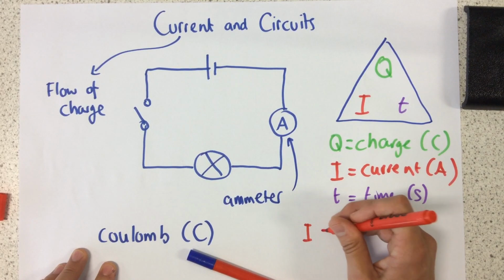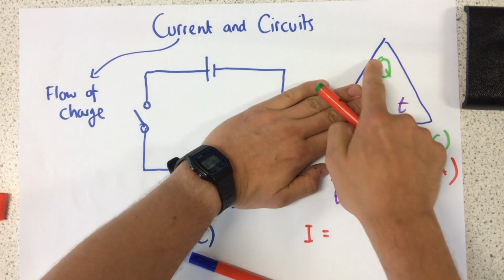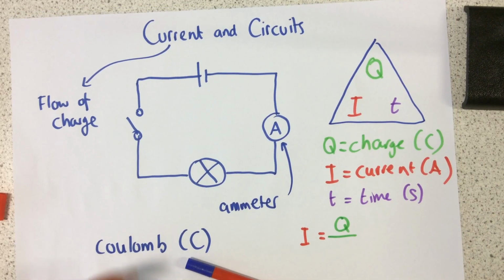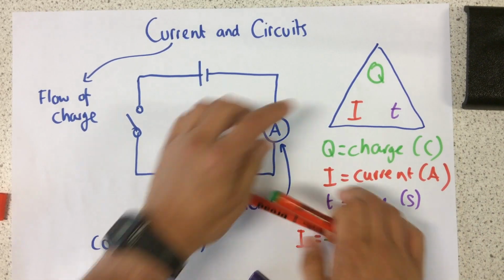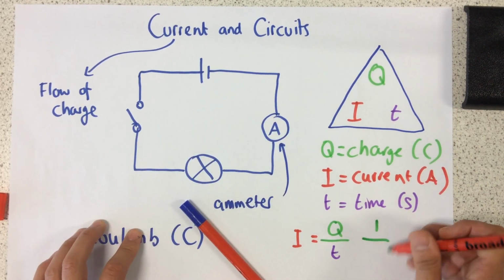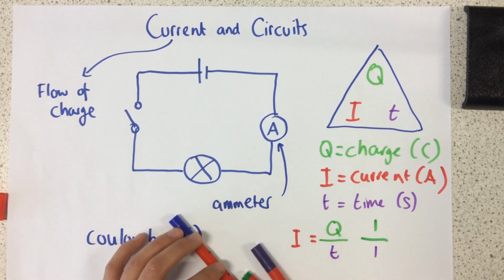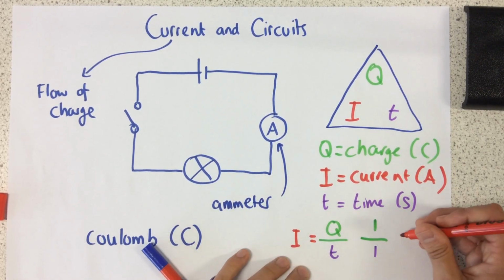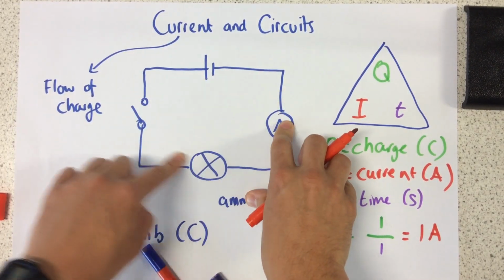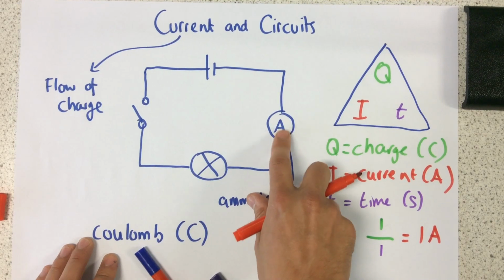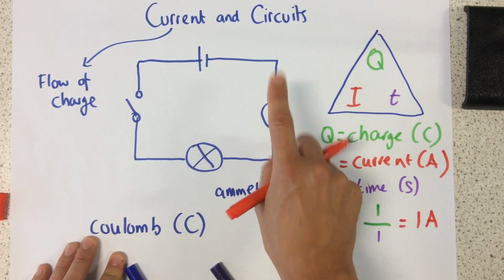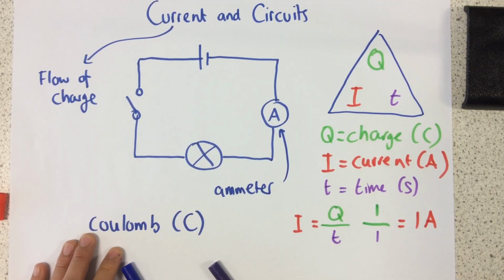So my current is going to equal, to find this out, I do Q divided by T. So in this case, 1 coulomb passes through that ammeter in 1 second. 1 divided by 1 is 1 amp. So that's what the current is. Current is measuring the flow of charge around the circuit. So if 1 coulomb goes past this point in 1 second, I'm going to have 1 amp.